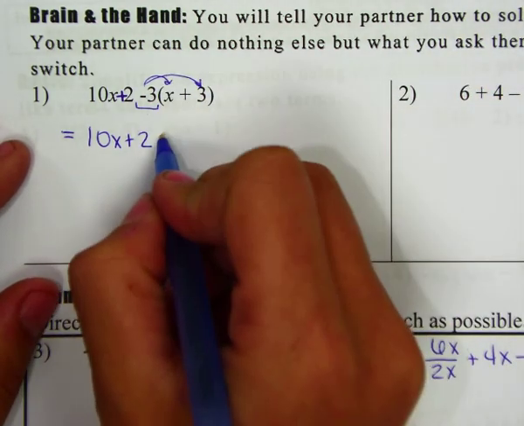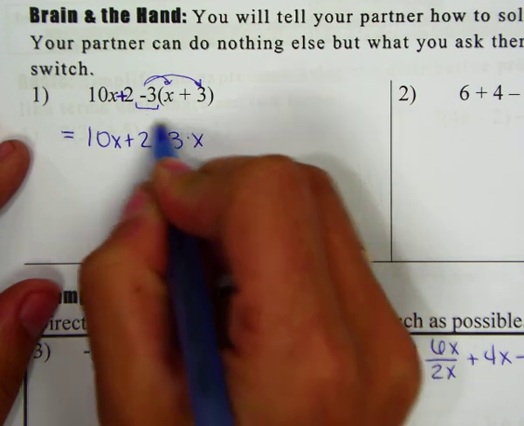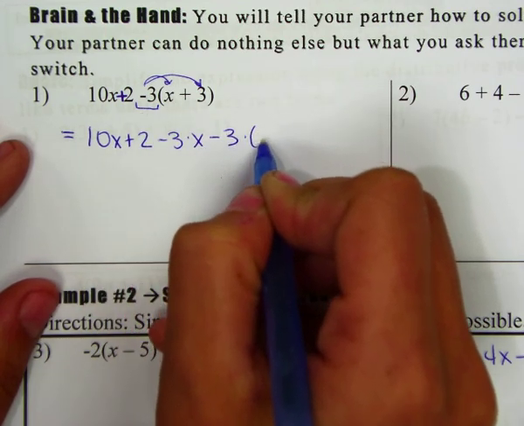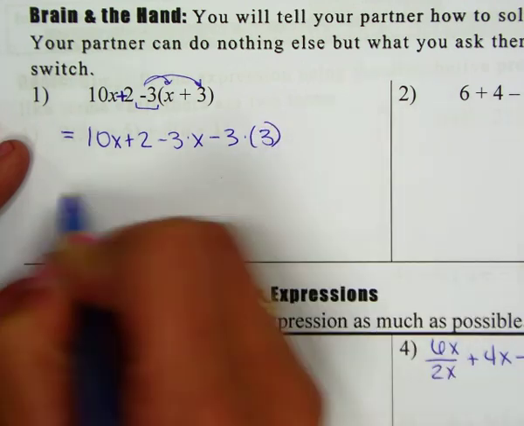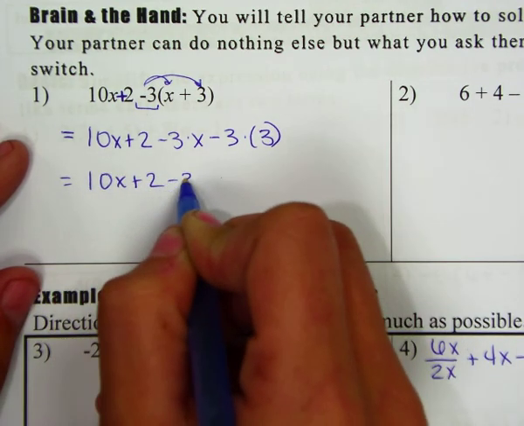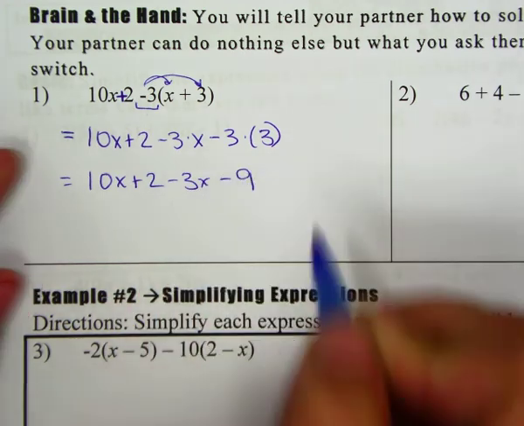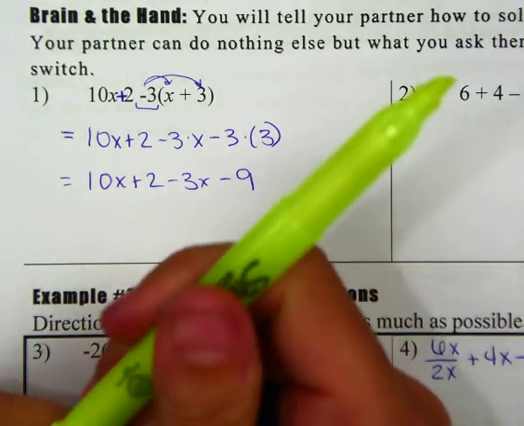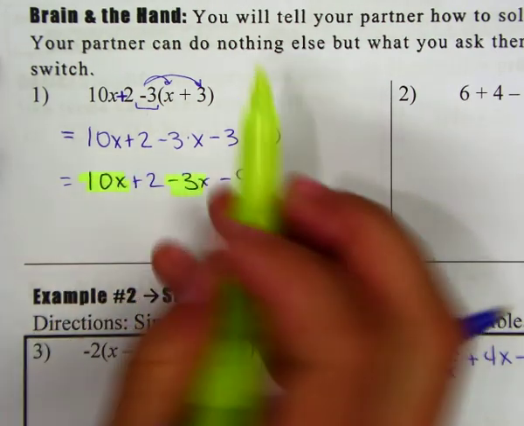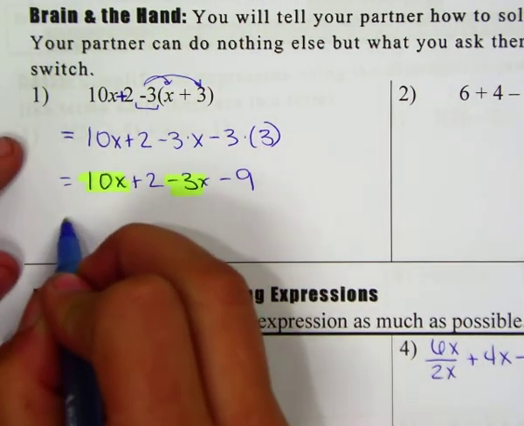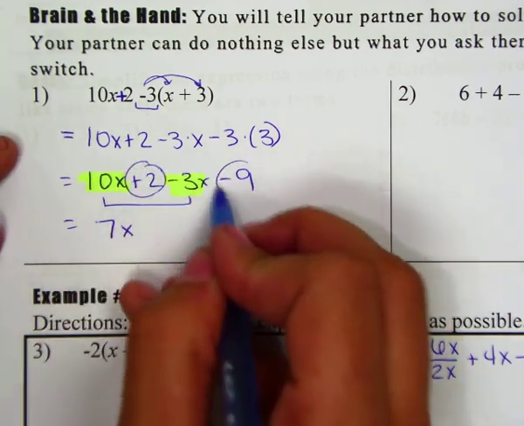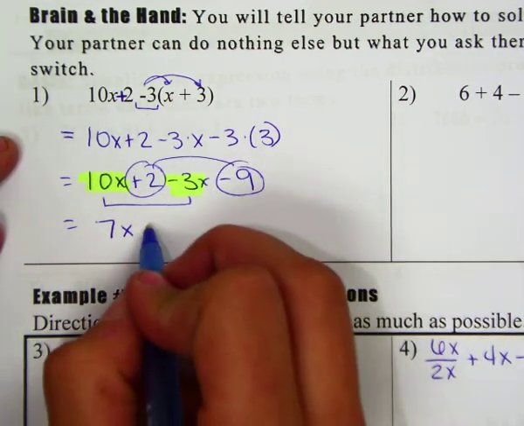So -3 times x, and then -3 times a +3. This simplifies to 10x plus 2 minus 3x minus 9. I'm going to combine like terms, 10x and -3x, which is 10 minus 3 is 7x. 2 minus 9 is a -7.